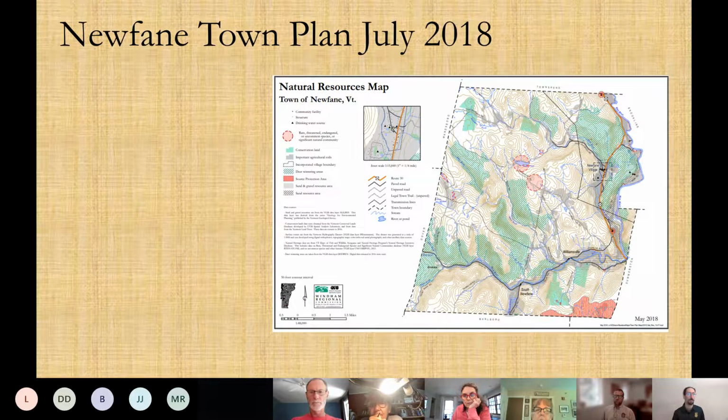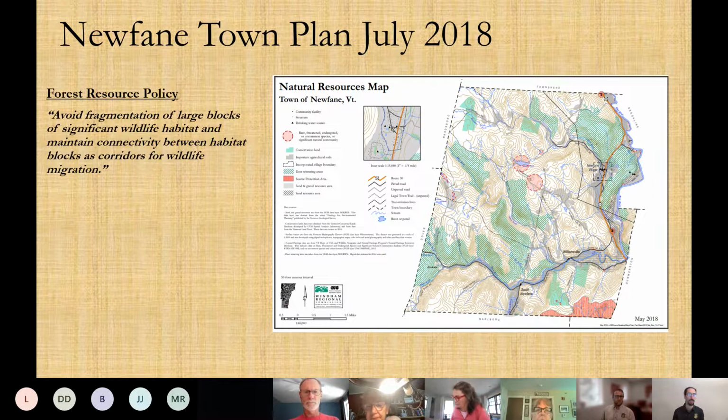So for an example, I'm going to use Newfane's town plan from July 2018. This is a copy of Newfane's natural resource map, and it highlights conserved land, agricultural areas, deer wintering habitats, as well as wetlands. And they have a very clear forest resource policy, which outlines the need to avoid fragmentation of large forest blocks and maintain habitat connectivity.